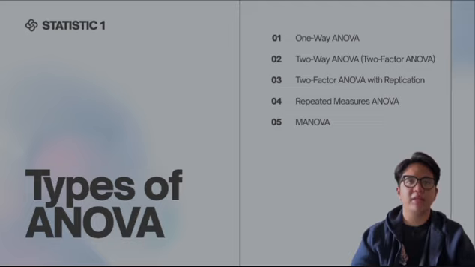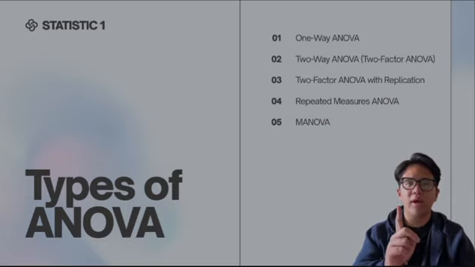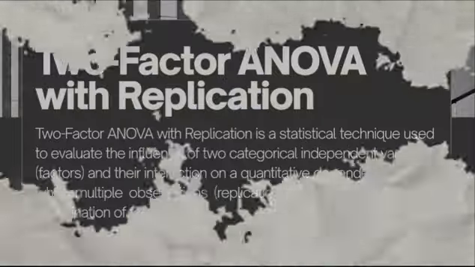Two-factor ANOVA with replication, which is our focus today, is used when we have two factors and more than one observation for each combination of those factors. There is also repeated measures ANOVA, used when the same subjects are measured multiple times, and MANOVA, which stands for multivariate ANOVA, used when we have more than one dependent variable.